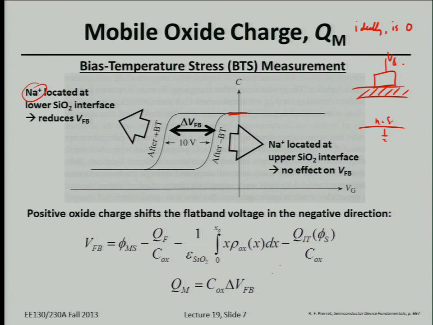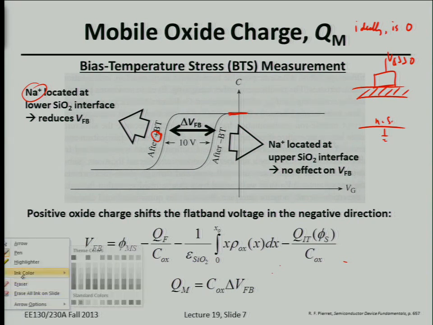But we do two things. We first apply, where does it say? Okay, so we heat up the capacitor, and then we apply, let's say, a positive voltage. Okay, so I'm just circling this. So we apply a positive voltage on the gate, something much greater than 0, and we heat up this capacitor.